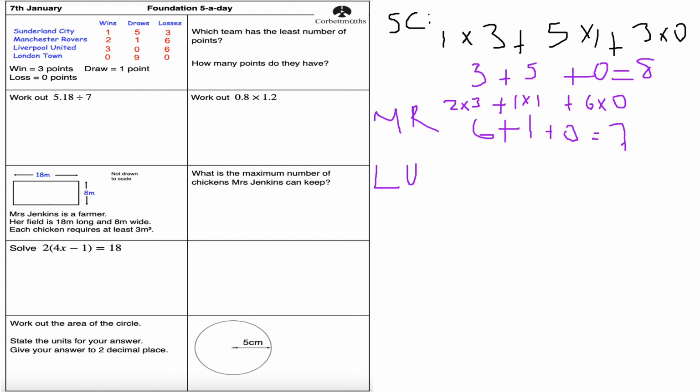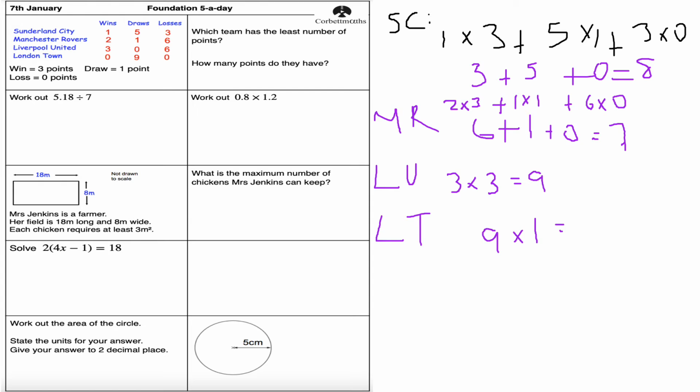So for Liverpool United, it's just 3 times 3, which is 9, because the rest of it is 0. And London Town, we've got 9 draws, so it's 9 times 1, which is just 9.